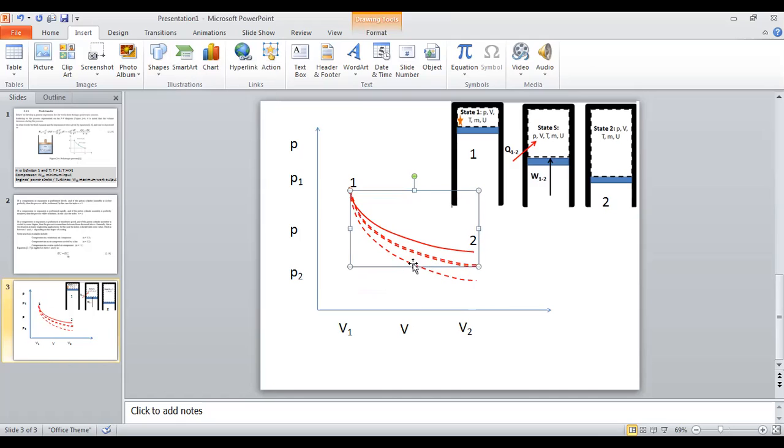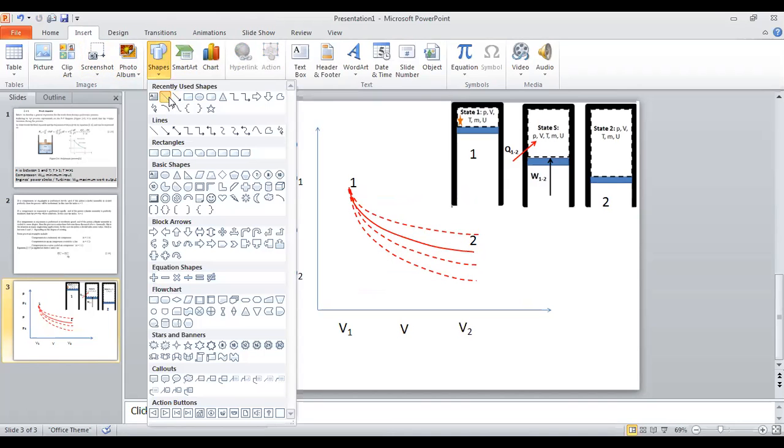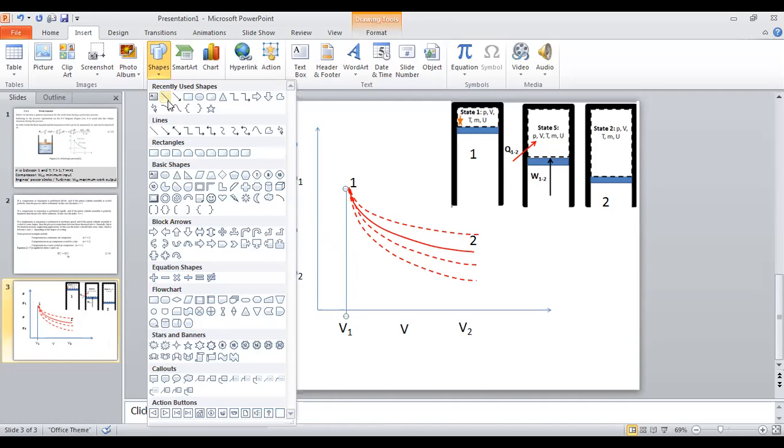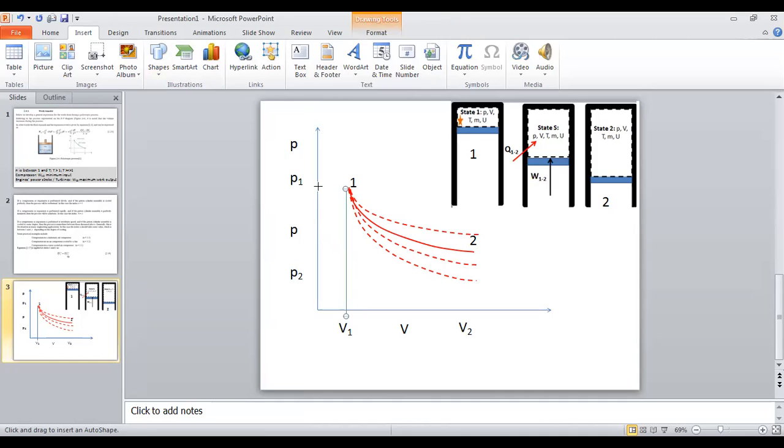So here P1, V1. Let's say this is a fixed point.